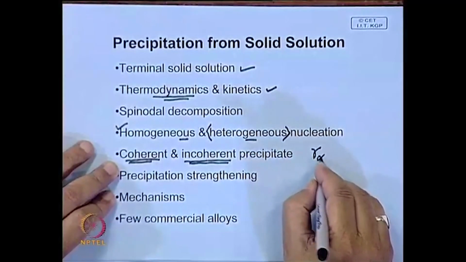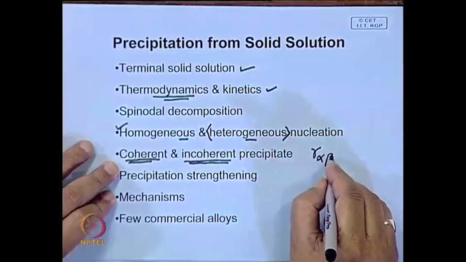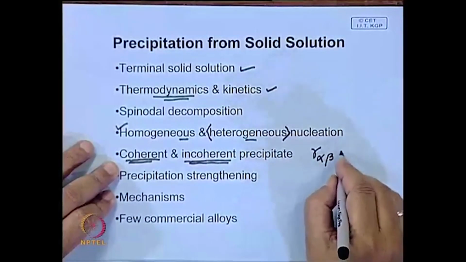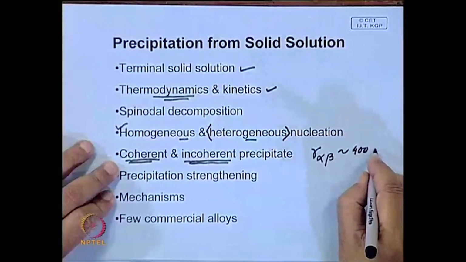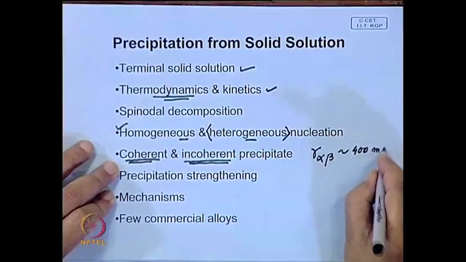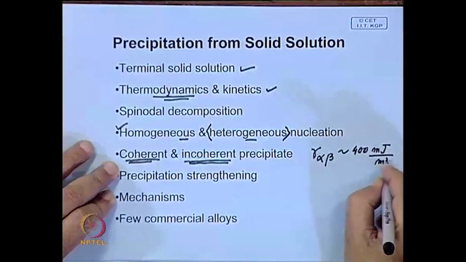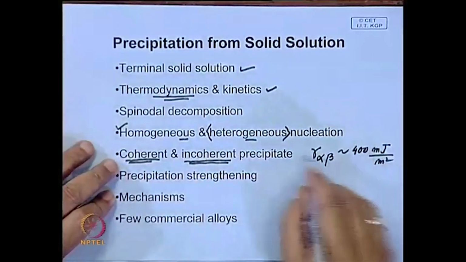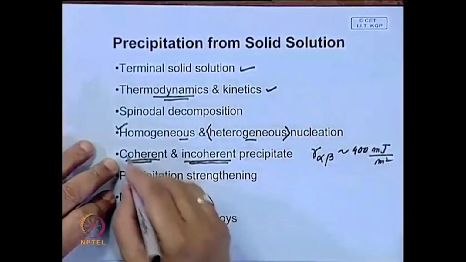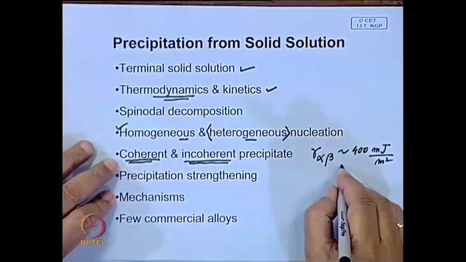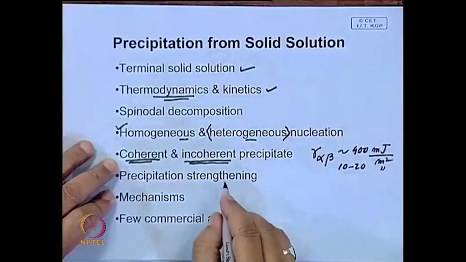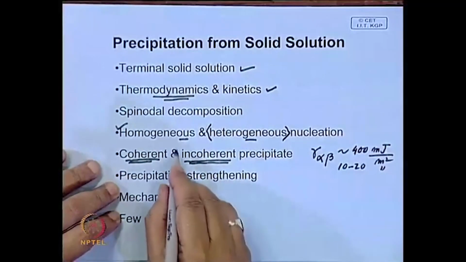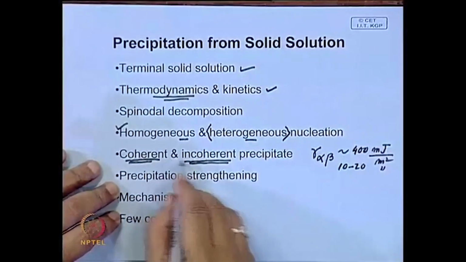That means, if in a matrix alpha, an alpha beta precipitate forms, there will be an alpha beta boundary, and this is of the order of quite high, maybe 300 or 400 millijoules per meter square. Whereas for coherent precipitate, this surface energy will be extremely low. It could be 10, 20 millijoules per meter square. And you can also have some intermediate precipitates in between, which are semi coherent precipitates.